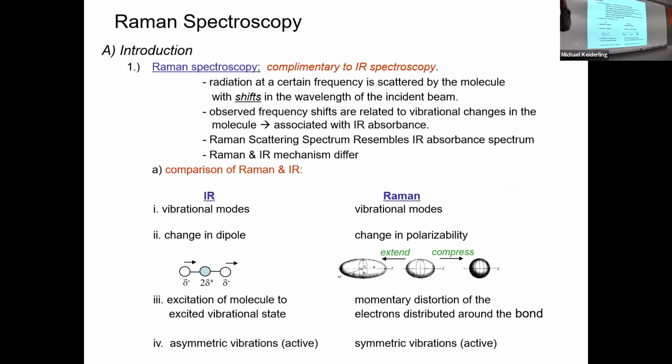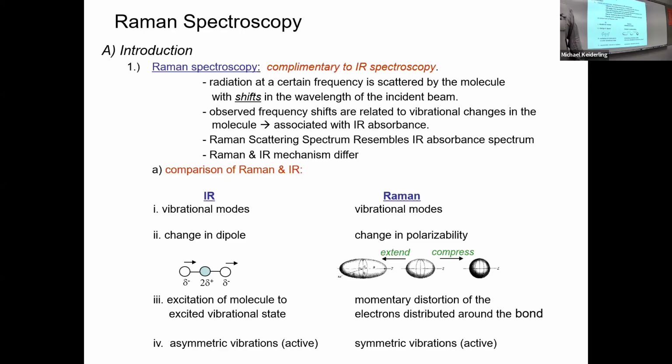And then lastly, we have Raman spectroscopy, which is the complement to IR spectroscopy, where radiation at a certain frequency is scattered by the molecule with shifts in the wavelength of the incident beam. And the observed frequency shifts are related to vibrational changes in the molecule. And they will create peaks in the same sort of places where you might see IR peaks.